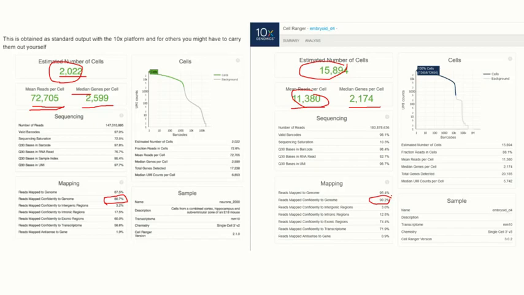And you probably will consider what happened, the quality of your reference, whether they are subspecies, whether there are huge genome sequence changes.